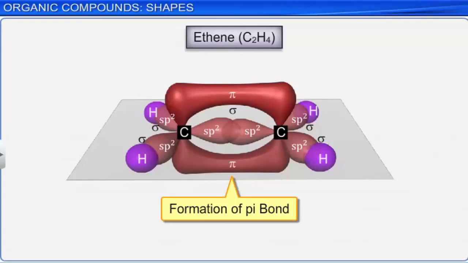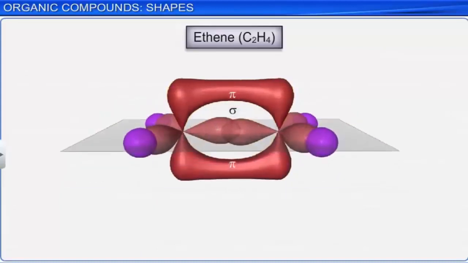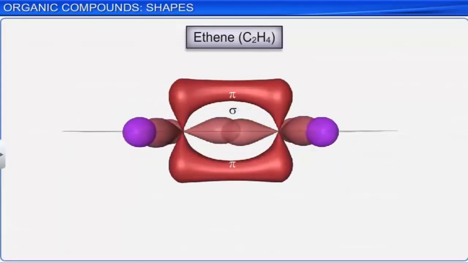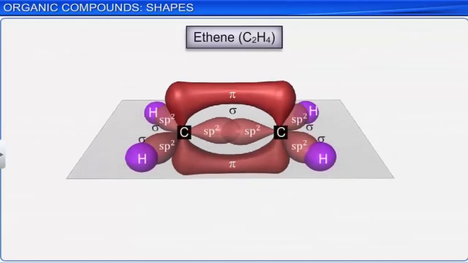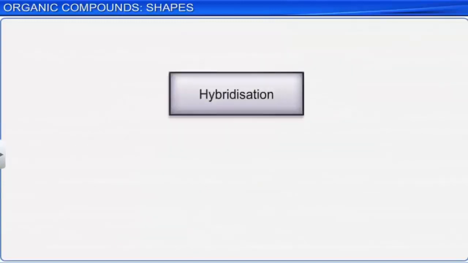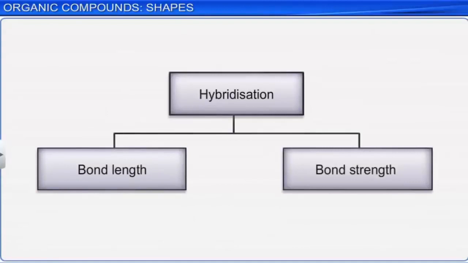All the 6 atoms forming the sigma bonds lie in one plane, and the pi bond lies perpendicular to the plane. Thus, the shape of the molecule is trigonal planar. Hybridization influences bond length and bond strength in organic compounds, which means that these parameters do influence the shapes of molecules.